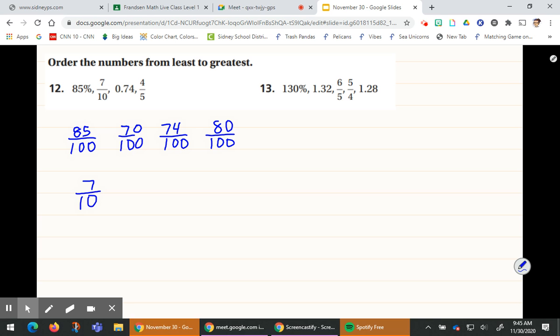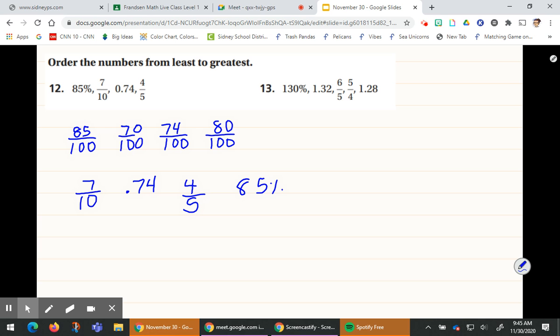Because it was only 70 hundredths. And the next smallest fraction is the 74 over 100, but it was written originally as 0.74. Okay, so the next smallest number is the 80 over 100, which started out as 4/5, didn't it? And then the final answer is 85%, which was 85 over 100.